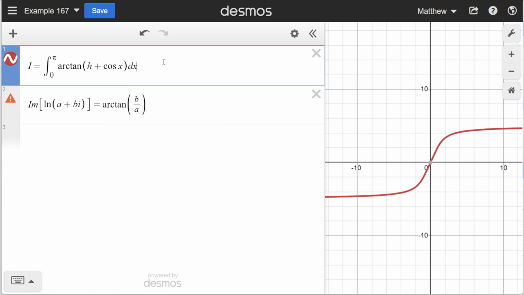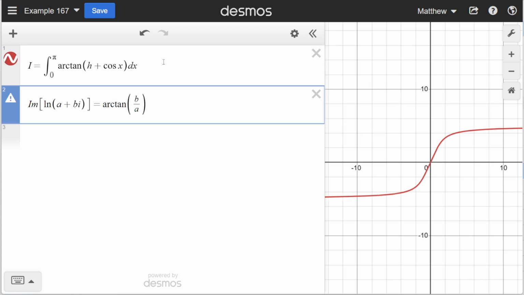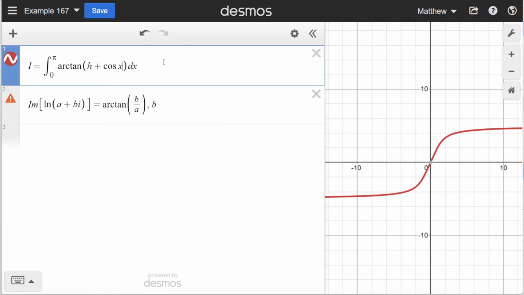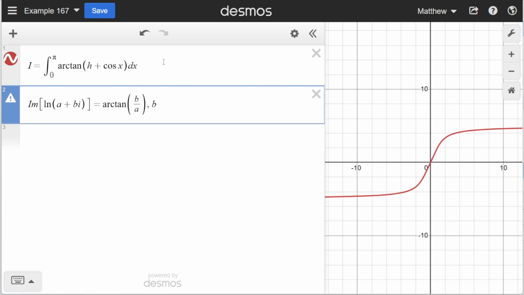Let's try to match that up here. Let's identify our b. Since we have arctangent, and we want this to be b over a, we're going to let b equal h plus cosine x, and a is just going to be 1.